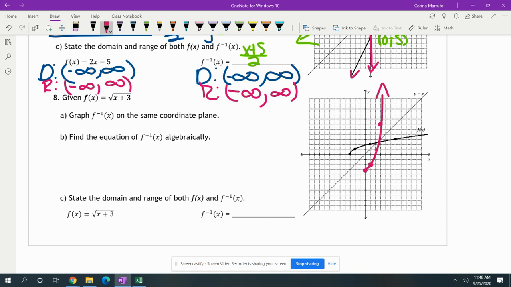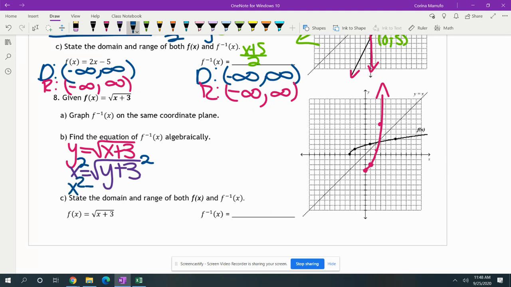Okay, then it tells us to find the equation algebraically. So first, you replace f of x with y. Then you switch the x and the y. So x equals the square root of y plus 3. Then you start solving for y, getting the y by itself. The y plus 3 is in the square root, so you need to get rid of the square root first. What you do to one side, you have to do to the other side.